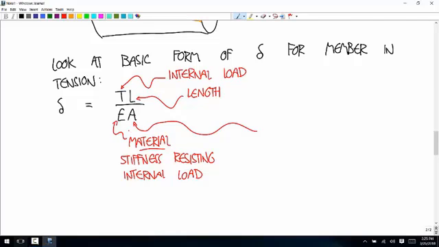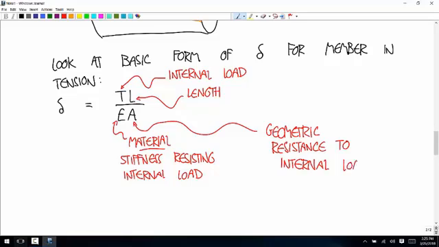And A is a geometric resistance to that internal load. Okay, so that's kind of a general way to think about each of these things.